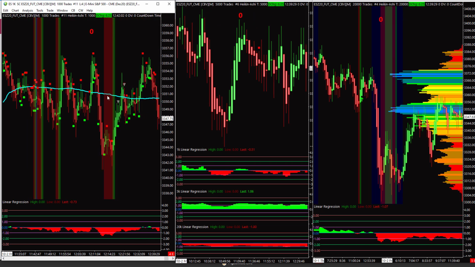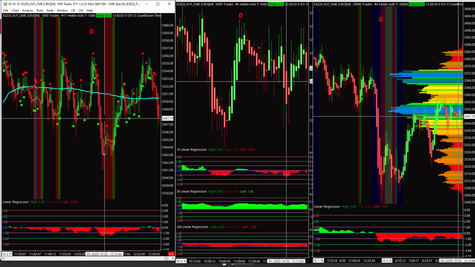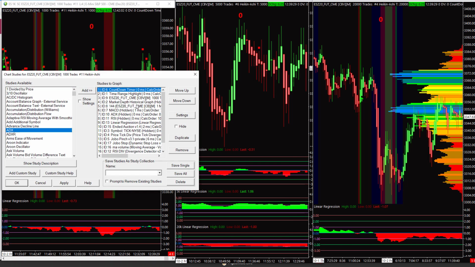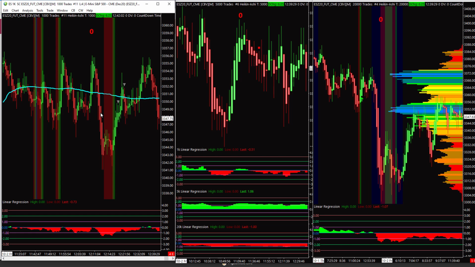So the study itself identifies, again, oversold conditions, and then when it starts identifying the right conditions, it'll start painting these red backgrounds. I know I have these other little squares on the chart, which should probably be just removed because they just add a lot of noise. So now we don't have the squares. Here's just the moving average, which is this blue line.